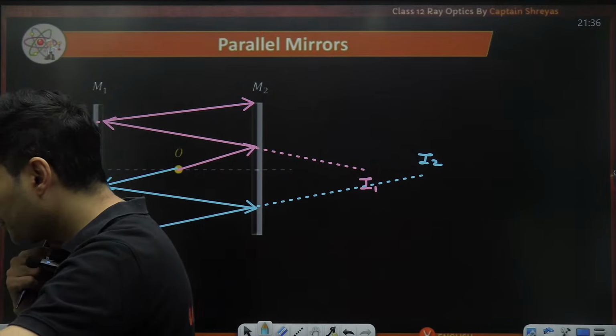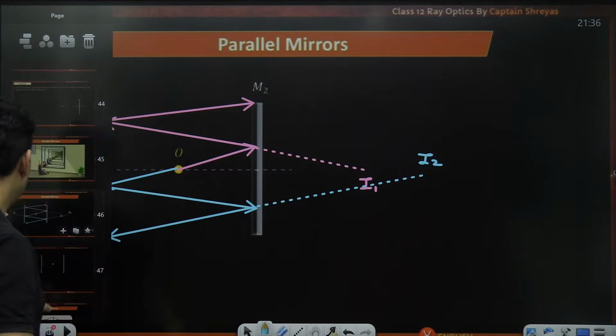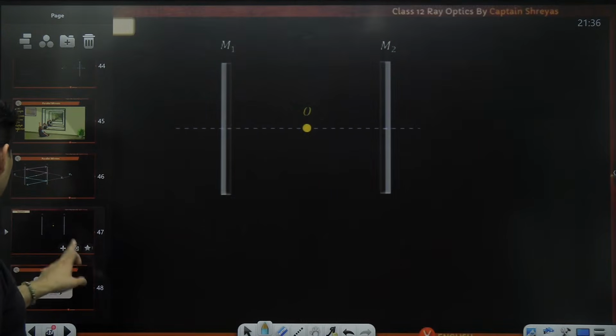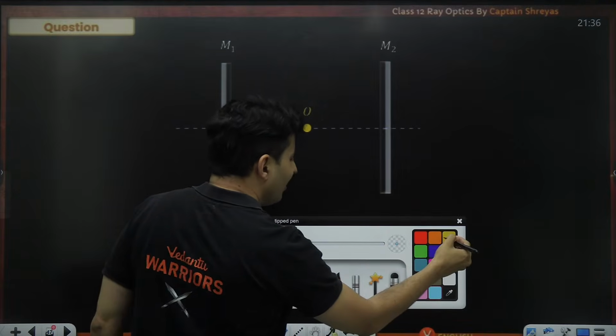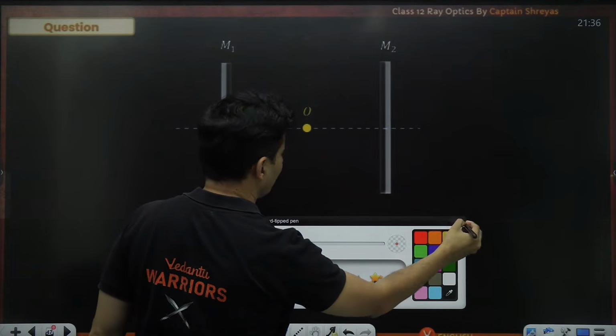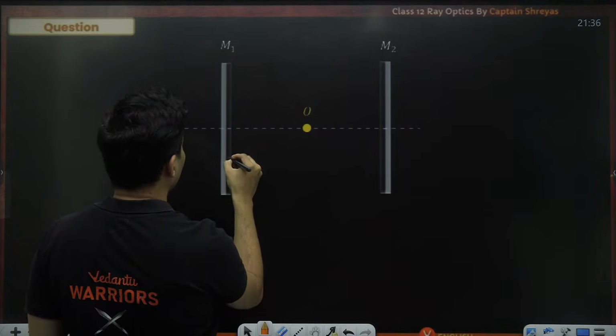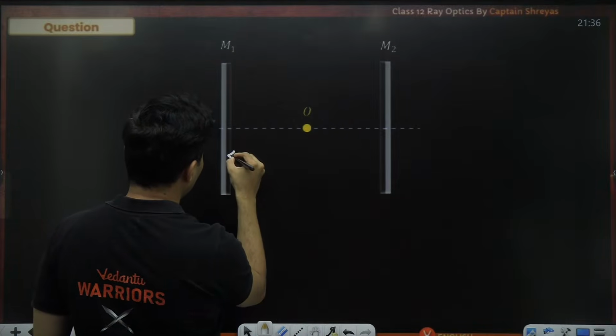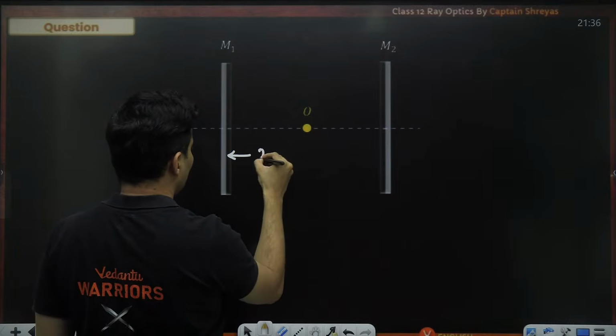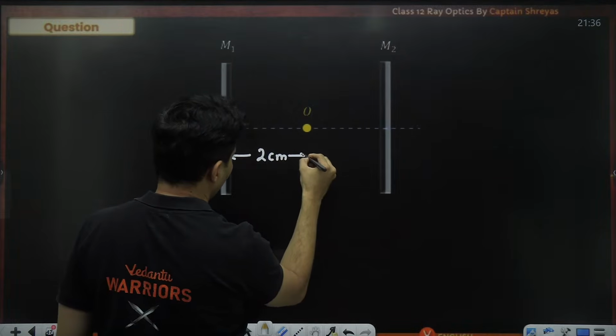Okay. Now, how do I locate these images? Let's take an example for this. Okay, a simple example we'll take. Let's say this is given to me as, I don't know, 2 centimeters. Random example.